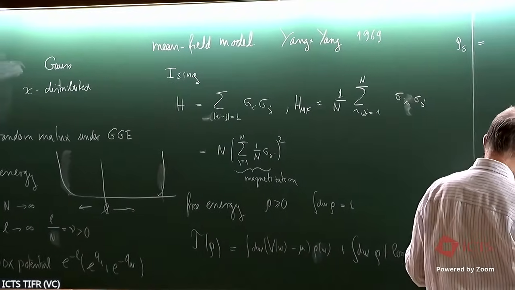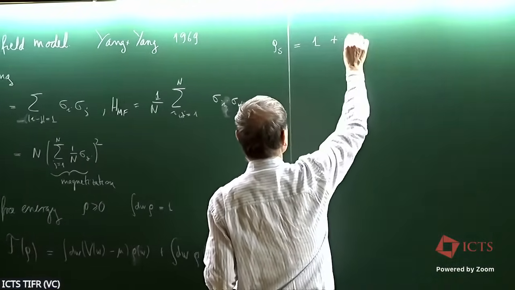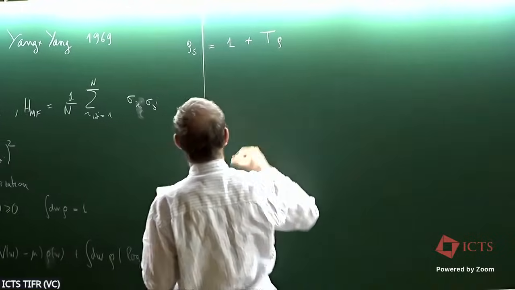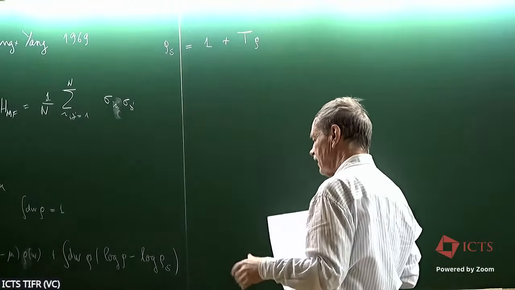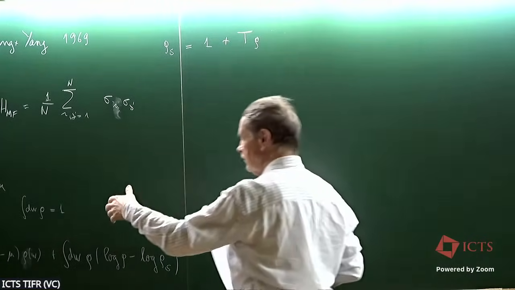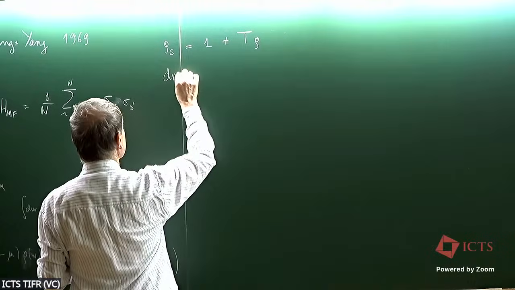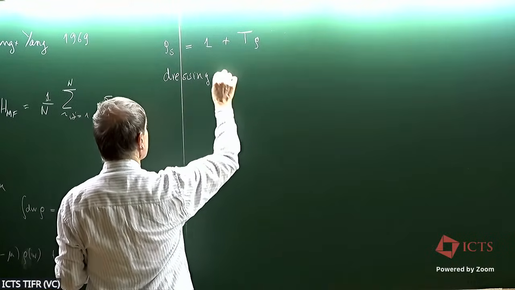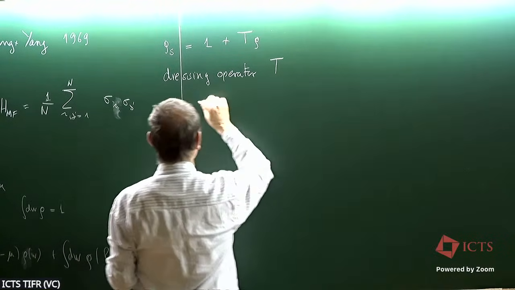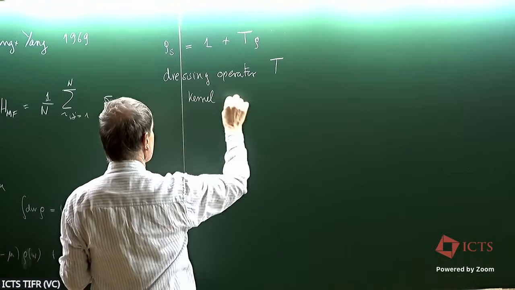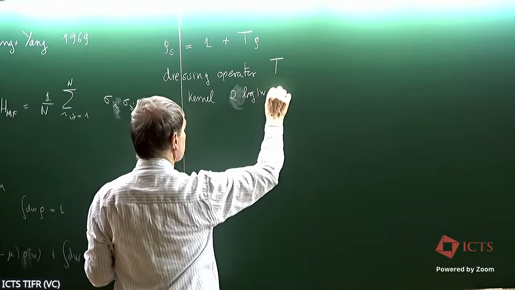Well, the rho S is defined by 1 plus T rho. So you see, I could insert this expression already in this formula, but then it looks not so nice anymore. You can think of this as a variation with this particular constraint. And T is the dressing operator, which has a kernel which is given by twice the log, let's say, of W minus W prime.